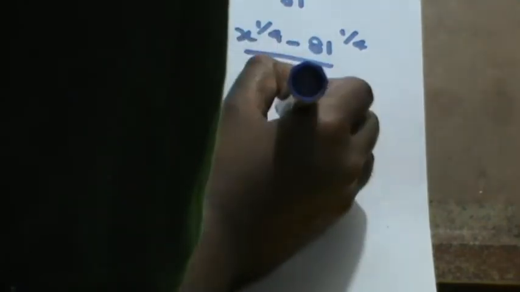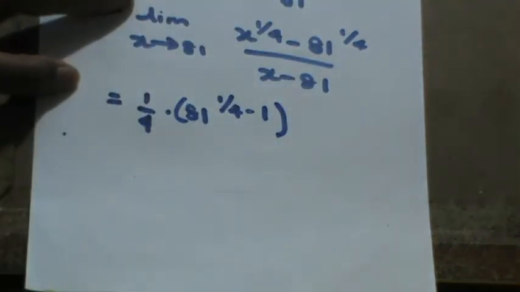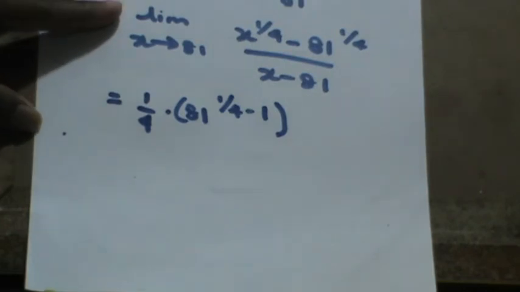So the right side of the theorem will be n times a to the power n minus 1. Here n is equal to 1/4, and a is equal to 81, so we get 1/4 times 81 to the power 1/4 minus 1, which is 1/4 times 81 to the power minus 3/4.